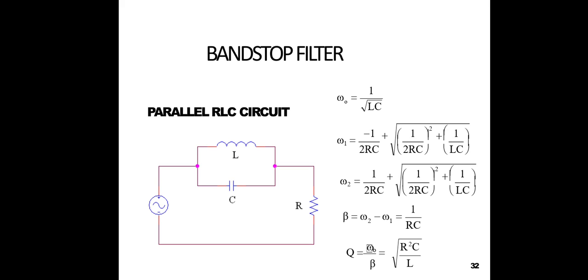We need to do a lot of problems using these relations related to series and parallel resonant circuits. So in the next classes we will take some tutorial classes, and we have to cover all these points using practice problems, right?